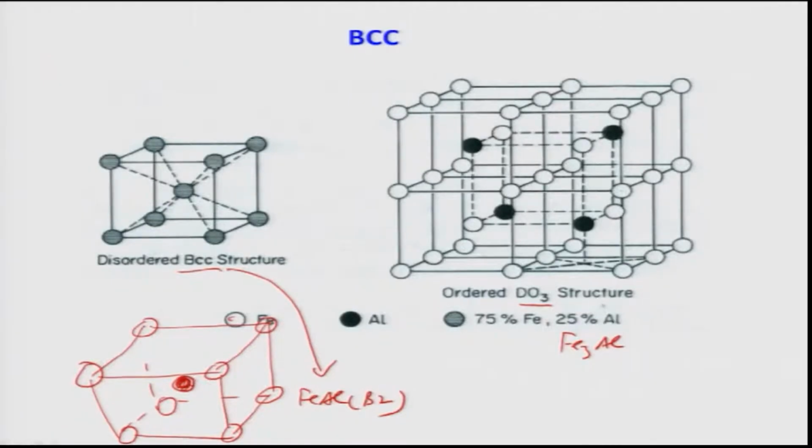Similarly, if I draw many unit cells, then I can connect all the central atoms, which are occupied by aluminum, and have another lattice structure where atoms are occupied by the aluminum atoms only. So, what I mean to say is that in an ordered structure we can define sublattices. One sublattice is occupied only by the iron atoms in a B2 structure, and the other sublattice is occupied only by the aluminum atoms.